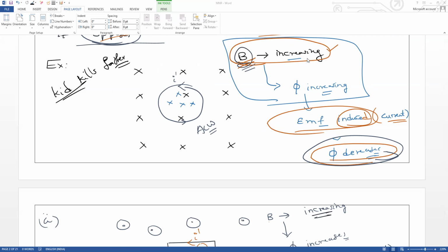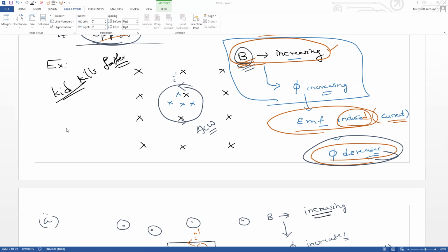If the magnetic field increases, then definitely the number of field lines passing through the coil, the magnetic flux, will increase. Am I right? Yes. So when the magnetic flux increases, what is going to happen? EMF is induced in the coil, or current is induced in the coil.